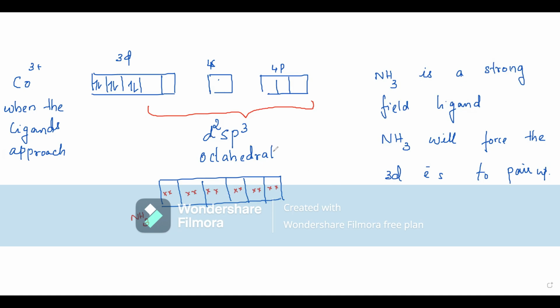Geometry is octahedral, and magnetic character, this is diamagnetic. Why is this diamagnetic? That is because you don't have any unpaired electrons. No unpaired electrons are present. So this particular example is an example of a diamagnetic complex.